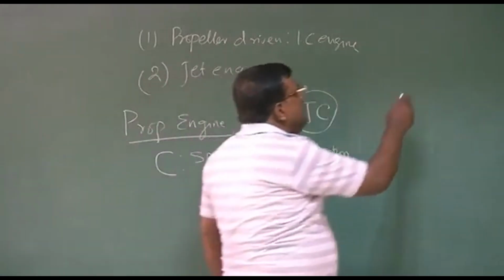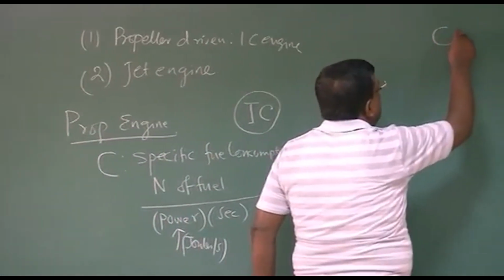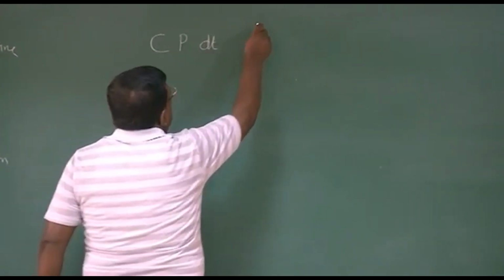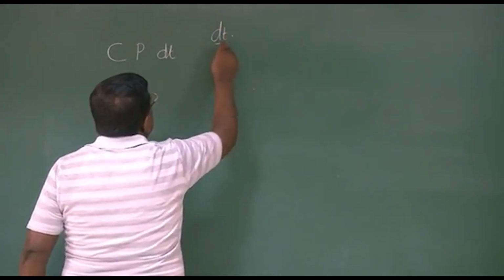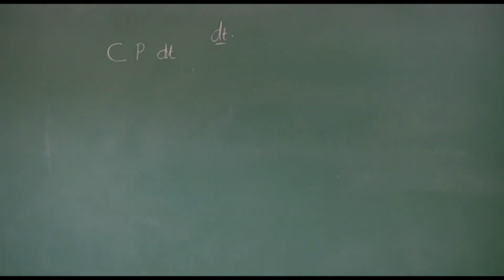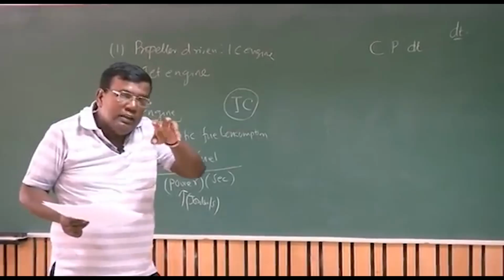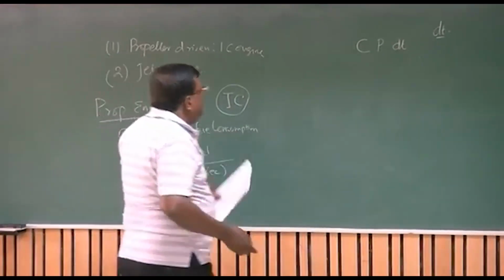Now let us try to understand what C P dt is. dt is the small incremental time during which the fuel is burned and some power is developed at the shaft. So what is C P dt dimensionally?